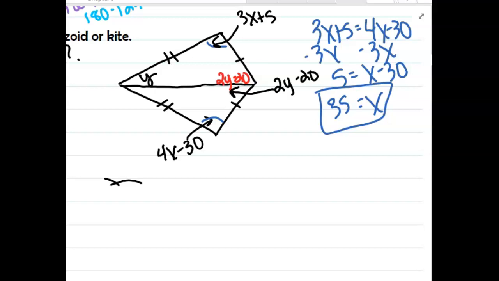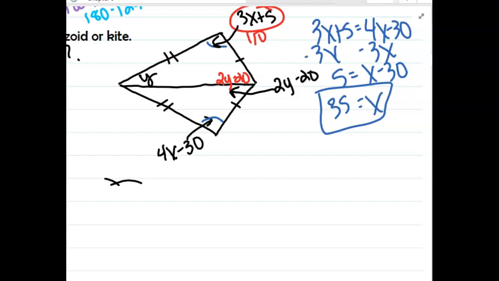So look what you have in that top triangle. I mean, you have all three angles, don't you? And actually, for this right here, could you figure out what that is? We just found out what x is. X is 35. So if I do 3 times 35 plus 5, you get 110.